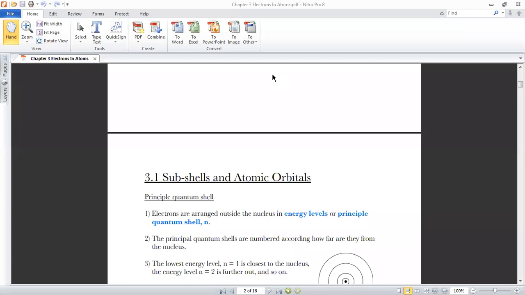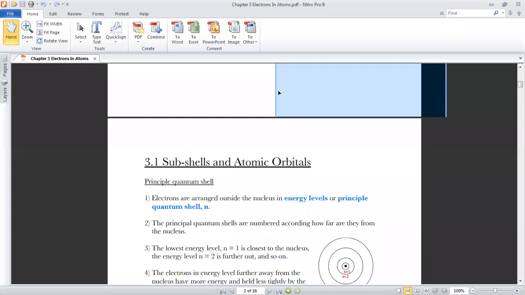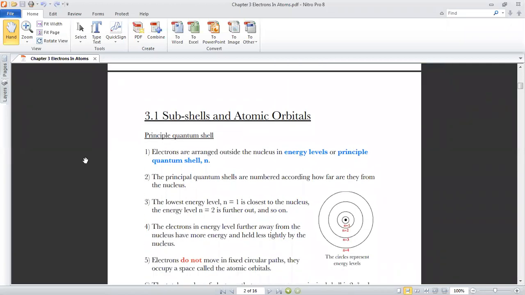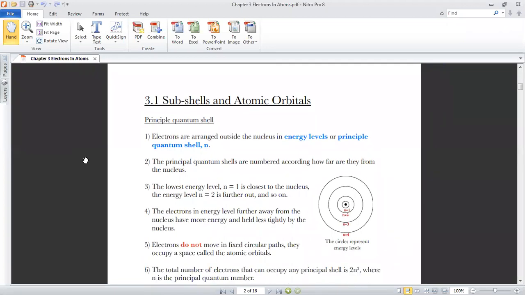So the circular path is called shell or orbit, and now we call it the principal quantum number as well. If the shell number is 1, the principal quantum number is also 1. If the shell number is 2, then its principal quantum number is 2, and so on. So shell number and principal quantum number are the same. It can be denoted as n, so n can be 1, 2, 3, or 4.